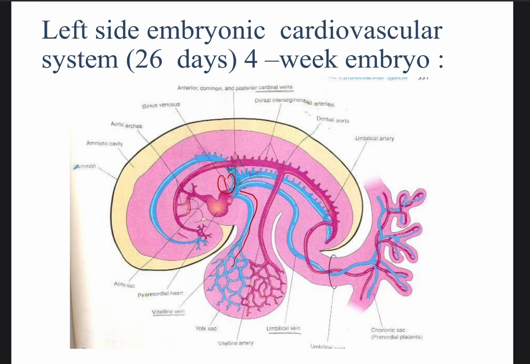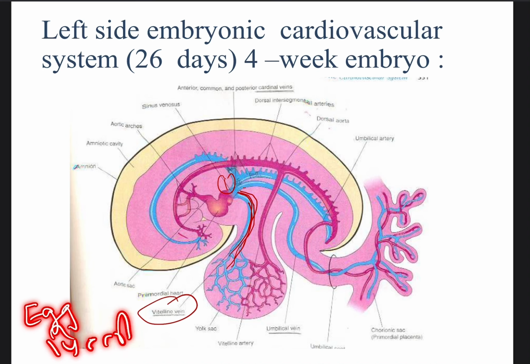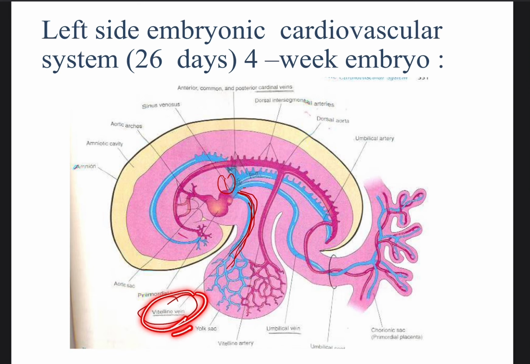What are these three sets of veins? If we see, this is the yolk sac, and the yolk sac vein is known as the vitelline vein. Why vitelline vein? Because in Hindi, yolk sac is known as egg pitti. So the yolk sac vein is known as vitelline, and in English, yolk sac means vitelline.